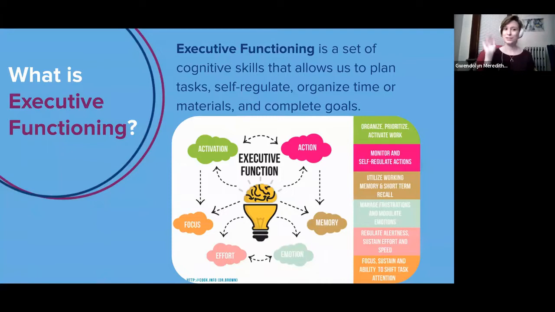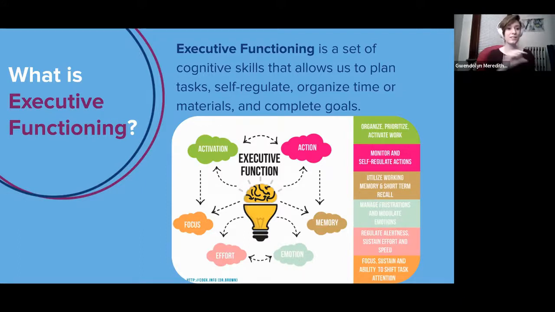So we just threw a lot of information and we're going to throw a little bit more at you. My big question is, what is executive functioning? Really, it's a big umbrella term that we use to describe a number of different cognitive skills that are lower level skills like shifting attention, organizing time or materials, selecting appropriate goals, prioritizing, smaller nitty-gritty things that we will get into.